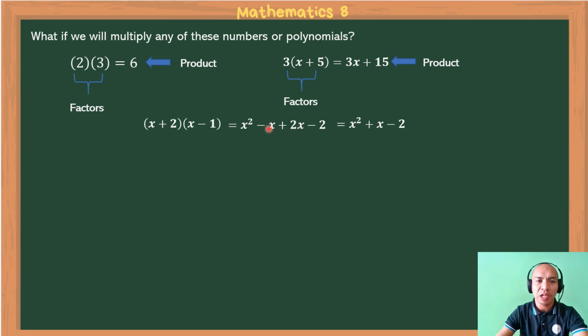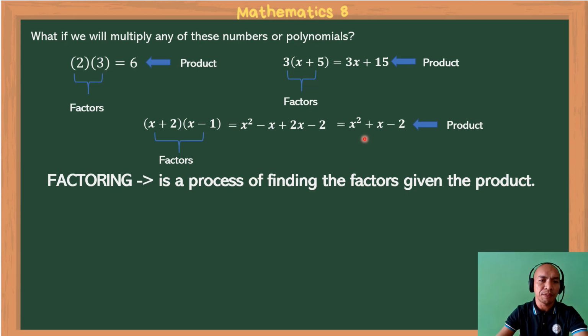Negative 1 plus 2, we subtract: 2 minus 1 is 1. The sign of the greater absolute value is positive, that is why it is positive x. We just copy negative 2. Again, these two quantities are factors, and this answer is a product.